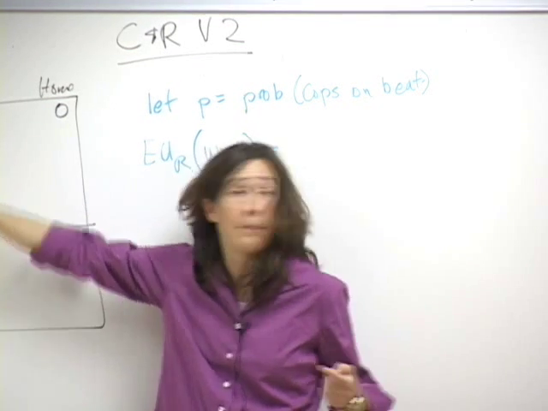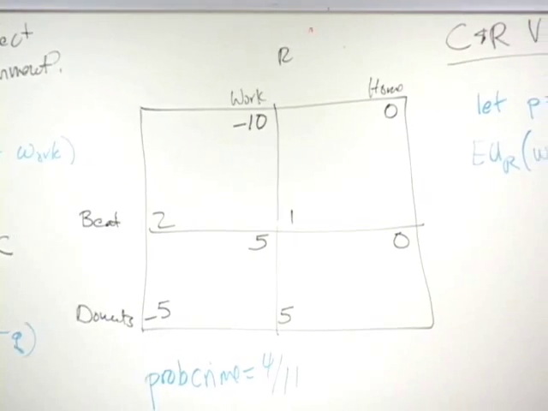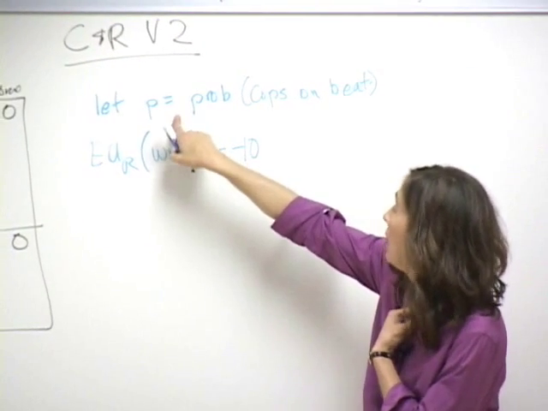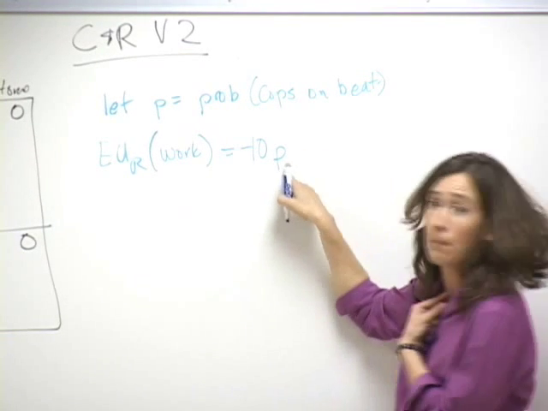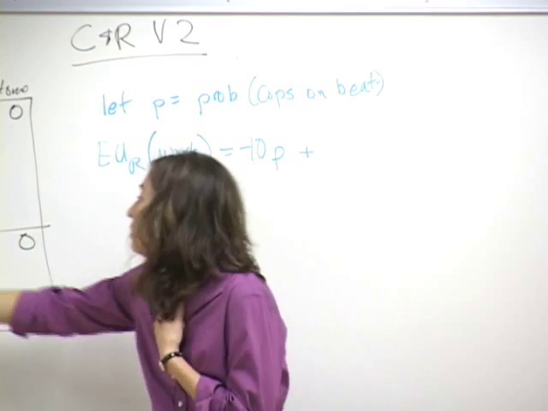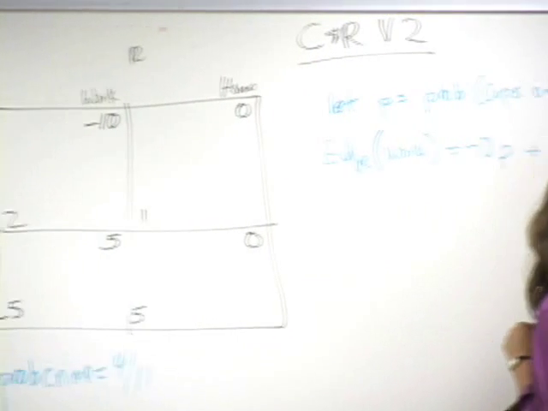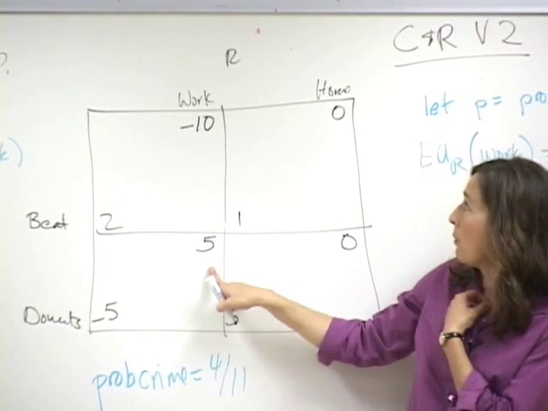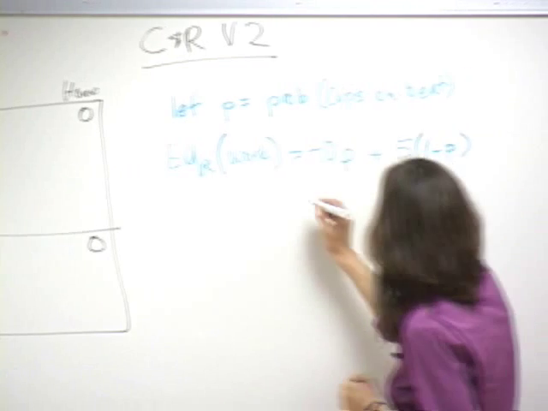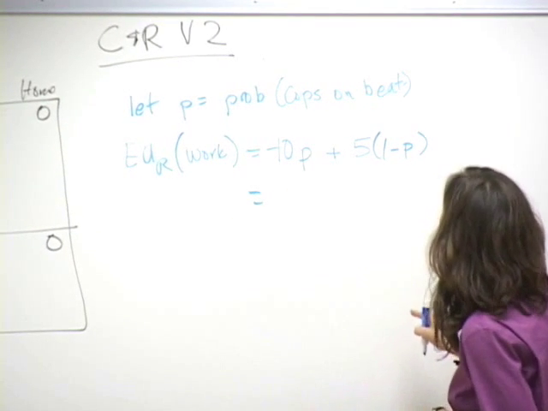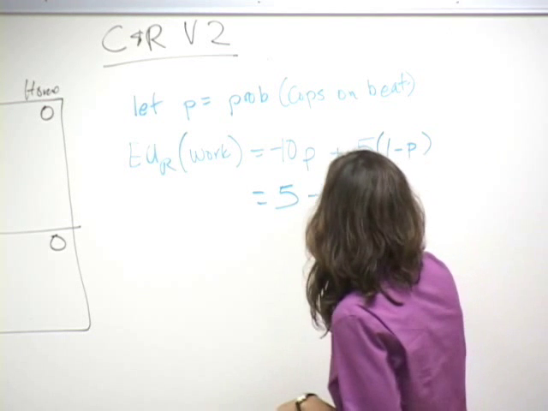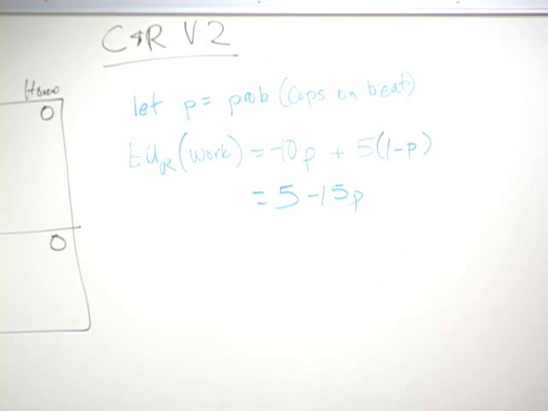This is the number that's different between the two games. It's -10, the payoff I get when I'm at work and the cops are on the beat, times that probability that the cops are on the beat, plus 5, the payoff I get when I'm at work and the cops are in the donut shop, times 1 minus P. Prettying that up, I get 5 minus 15P.